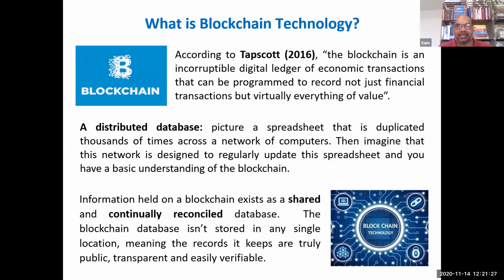That is, as soon as a transaction takes place, everyone's database is updated. Everyone knows what has happened. Everyone is aware of all transactions that are taking place. So again, there is trust, there is transparency. The transactions are immutable and therefore cannot be corrupted.